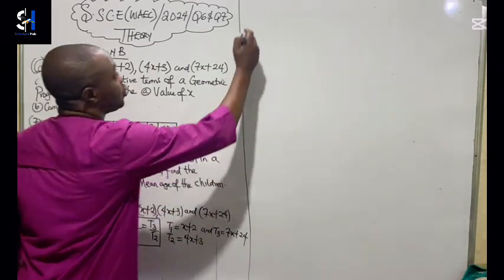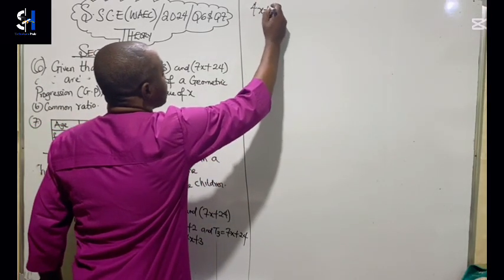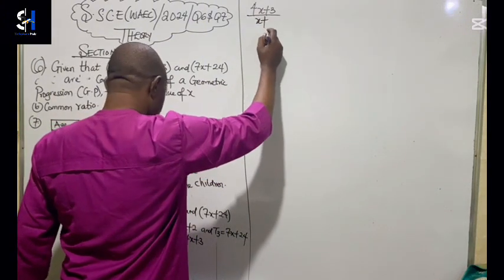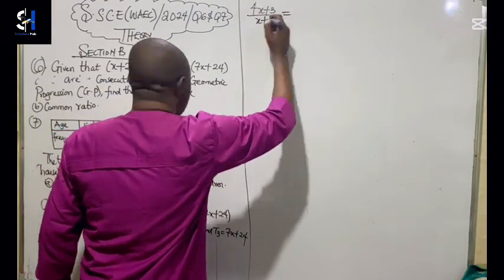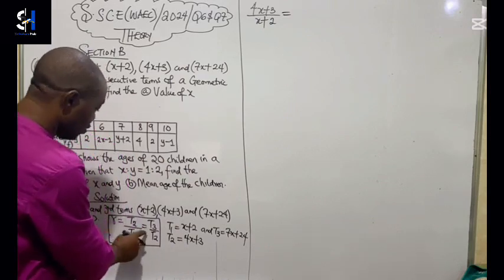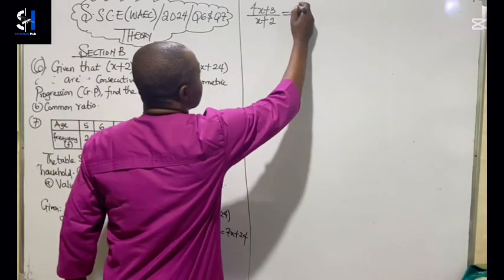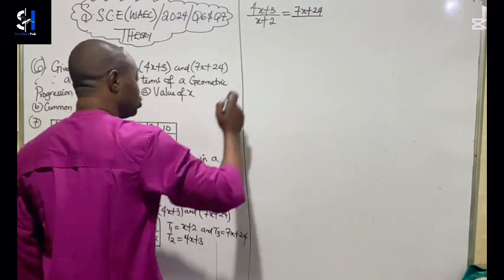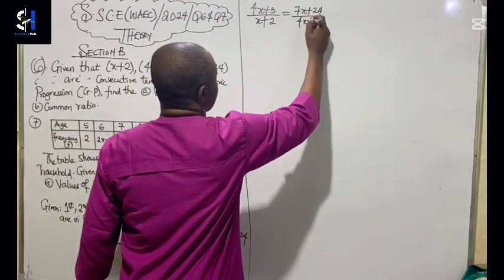Now T2 is 4x plus 3 over T1, which is x plus 2, equals T3 over T2, that is 7x plus 24 over 4x plus 3.